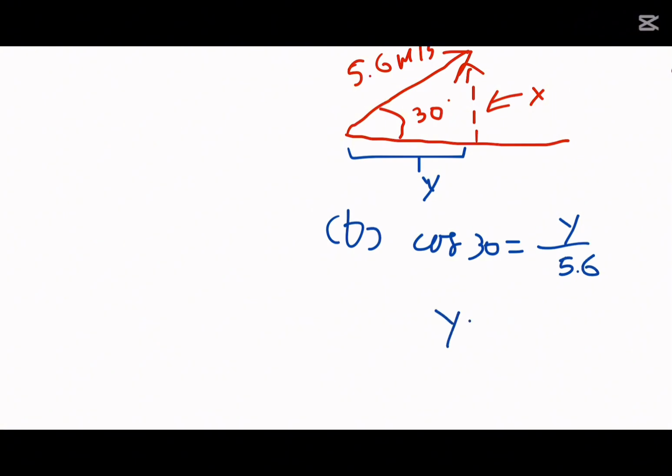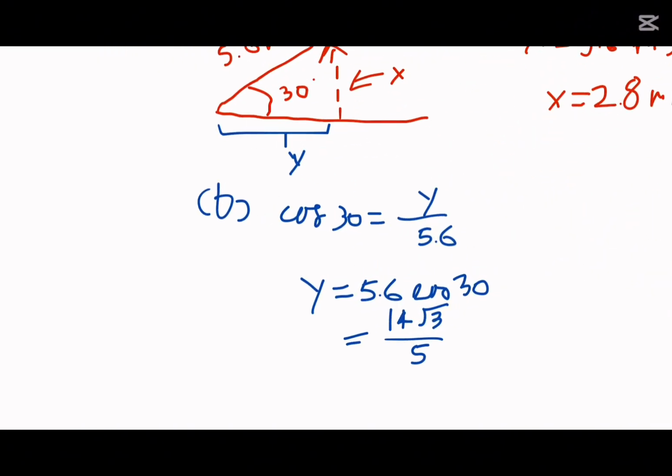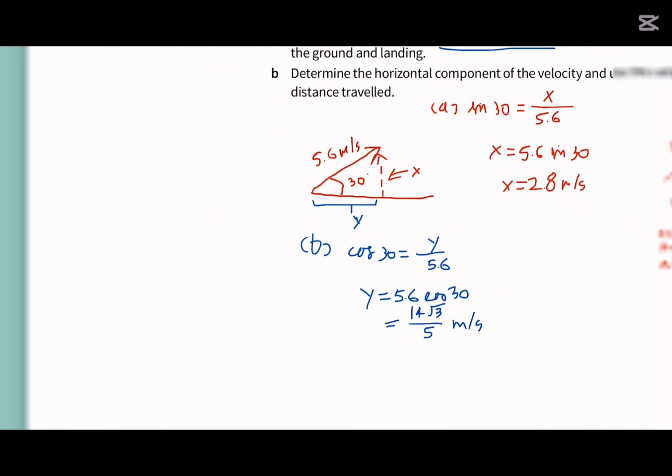So y equals 5.6 cosine 30, which in exact value is 14 root 3 over 5 meters per second.